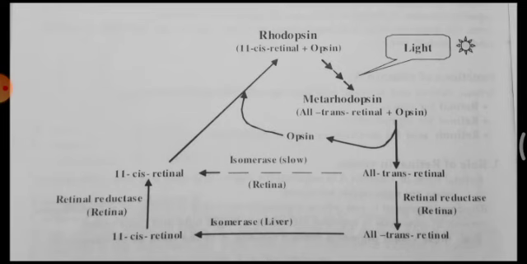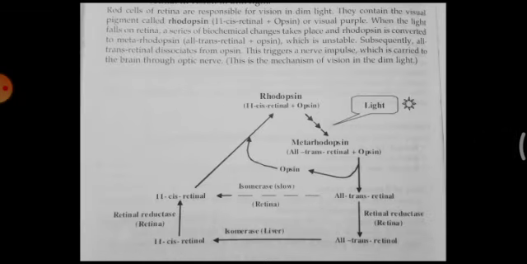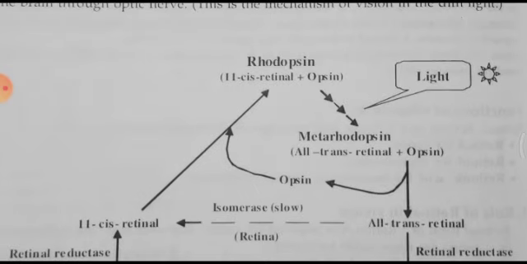The opsin that is released from the meta-rhodopsin is involved in the release of neurotransmitters, which is going to send signals of vision to the brain. Hence, this is the process of the visual cycle involving rhodopsin breakdown and then conversion from all-trans to cis, and also from aldehyde form to alcohol form, and from alcohol form to aldehyde form, and again in the last you can see the opsin combines with 11-cis retinal to form the original compound rhodopsin.